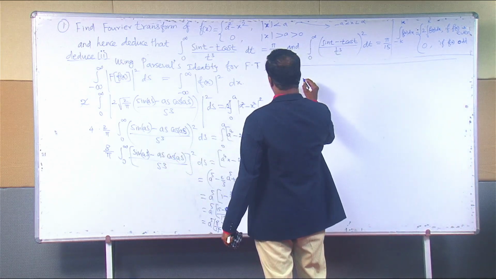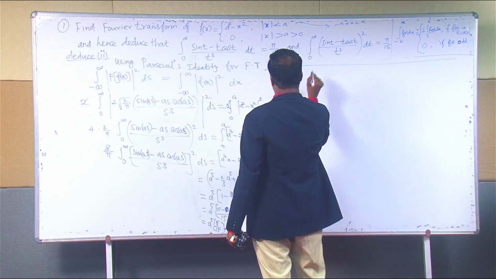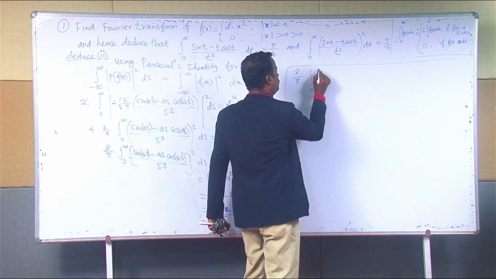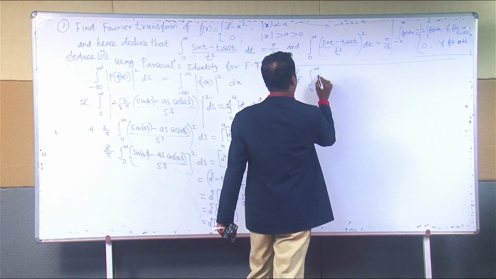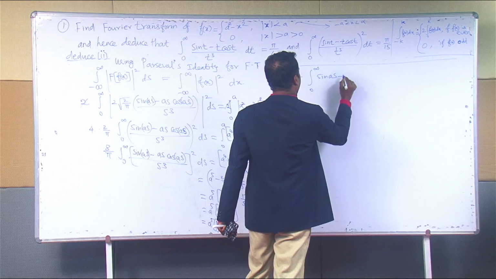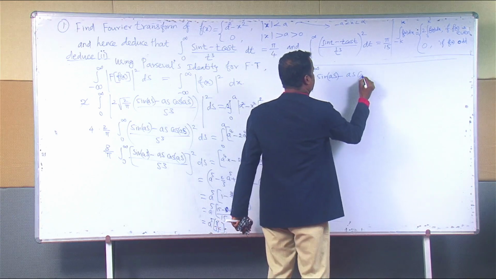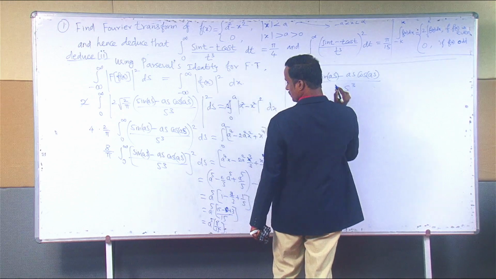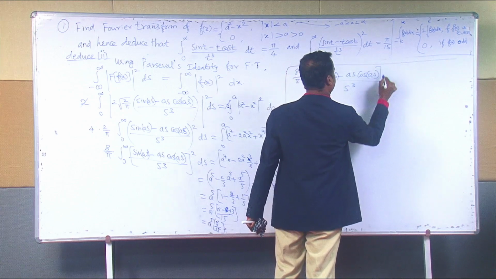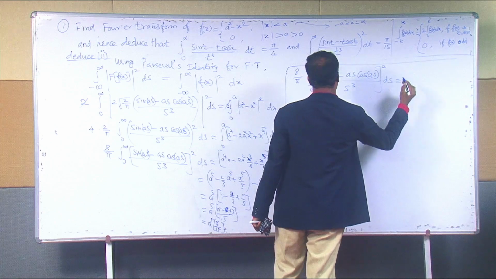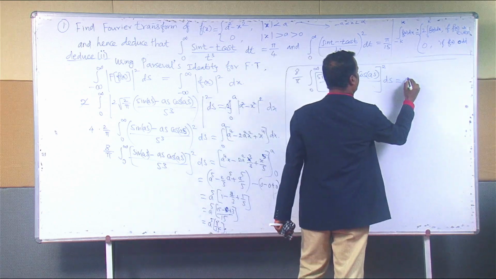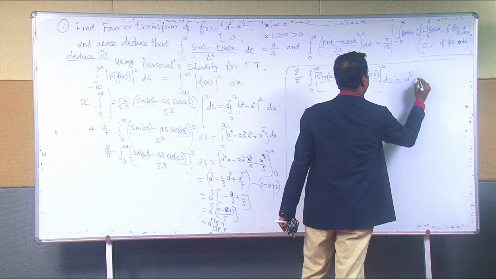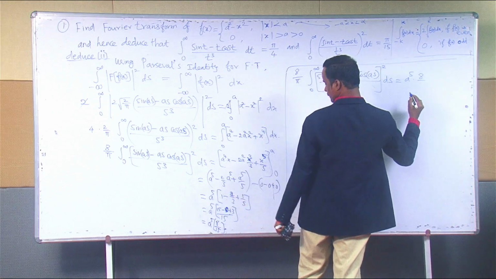So left hand side 8 by pi integral 0 to infinity (sin as minus as cos as) divided by s cube the whole square ds becomes a power 5 into 8 by 15.